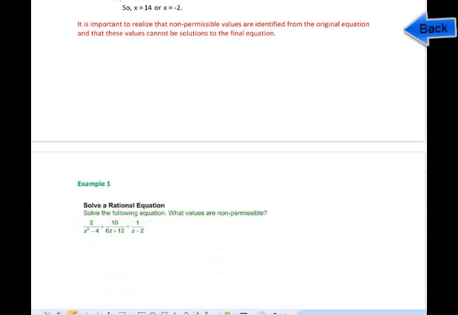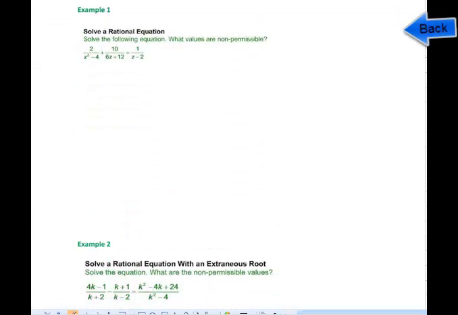Okay, so let's try our first example. We are going to solve a rational equation, and we are going to determine the non-permissible values. Okay, so remember, your first step is to factor your denominators. So the one on the left, we've got z squared minus 4 in the denominator.